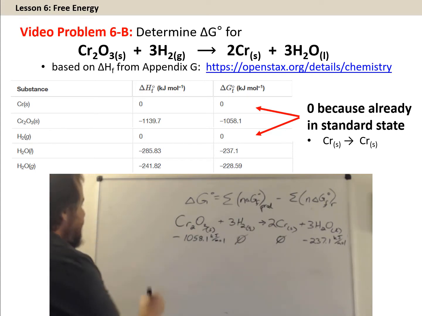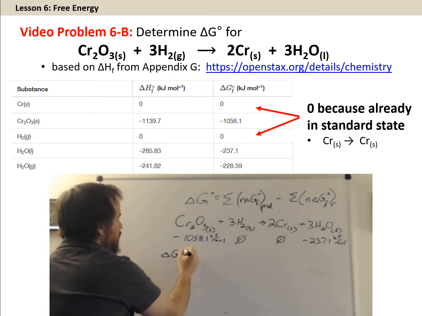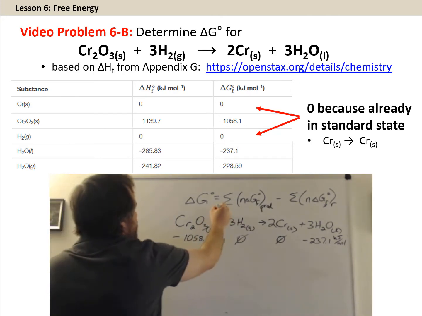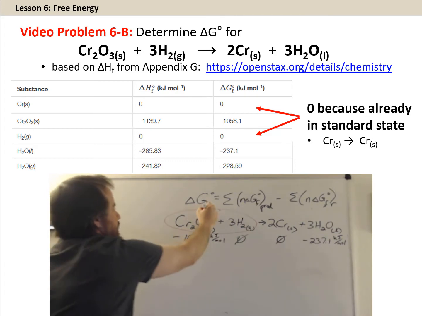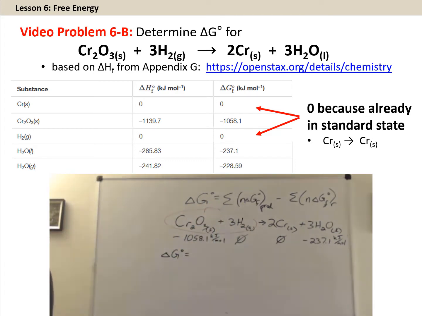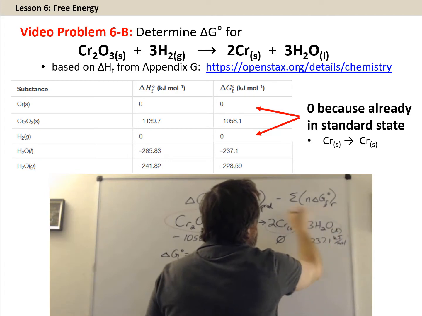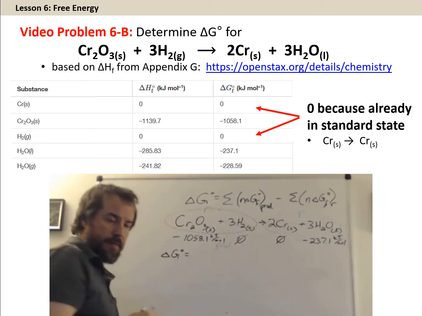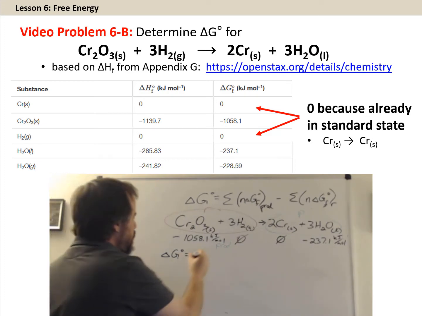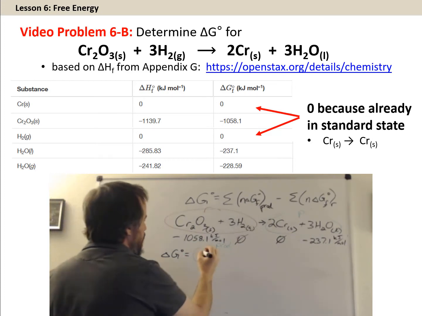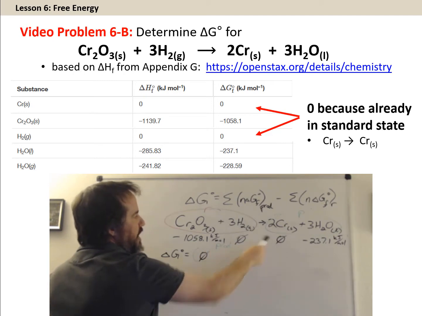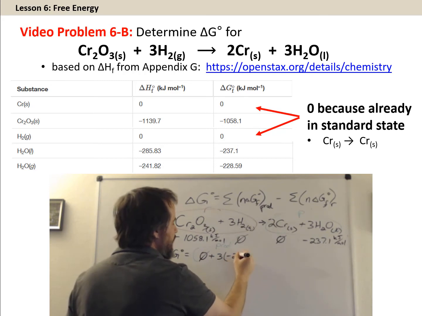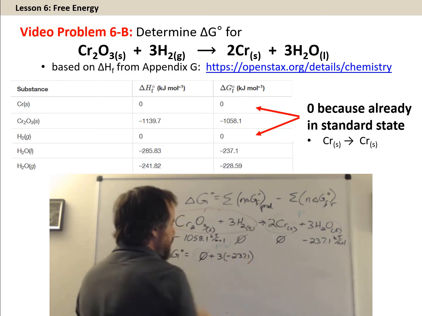Now I can set this up. So delta G naught is going to be, here in red, these are my reactants. Here in blue and green, these are my products. So I do my products first. I can have 0 for the Cr, plus 3 times that negative 237.1.